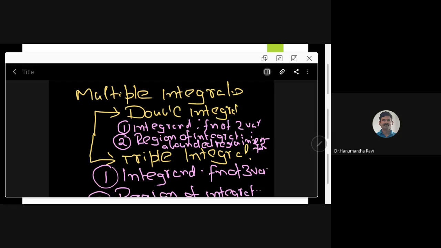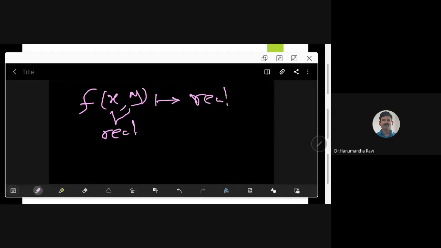If I say f of x y, these two are real numbers, and f of x y is also a real number. So it is a real valued function of two real variables. That is what I mean by integral in case of double integral.